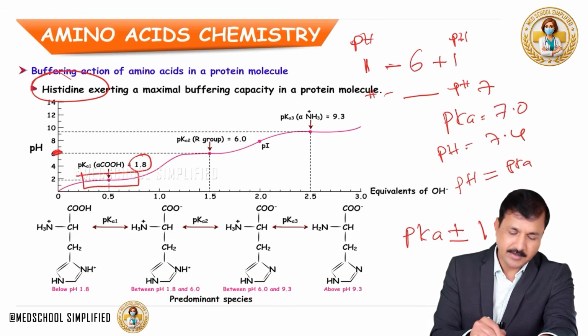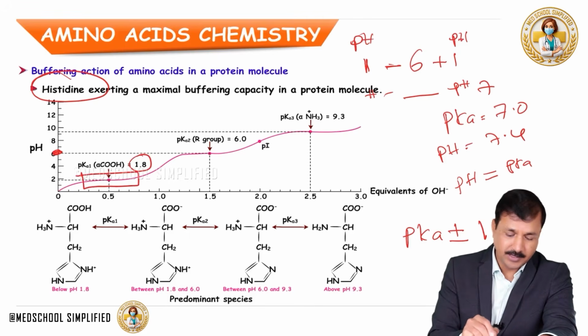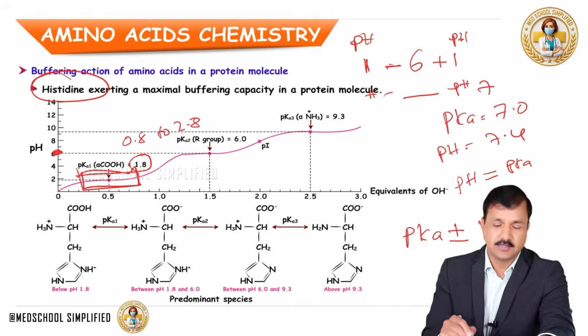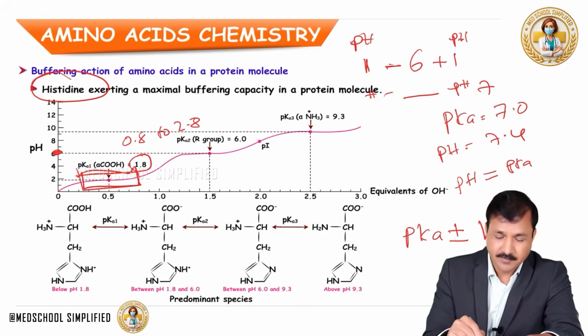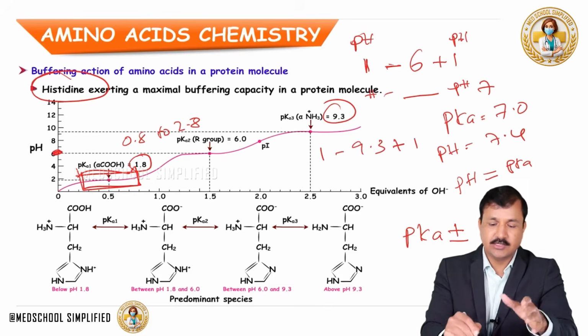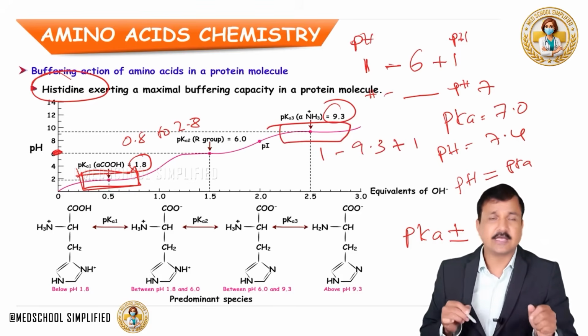Now note that pKa plus or minus 1 pH is 0.8 to 2.8, in that range there is no deflection. That's a buffering area. Similarly, for the amino group 9.3, so 9.3 minus 1 and plus 1. In that range is where the buffering area is.